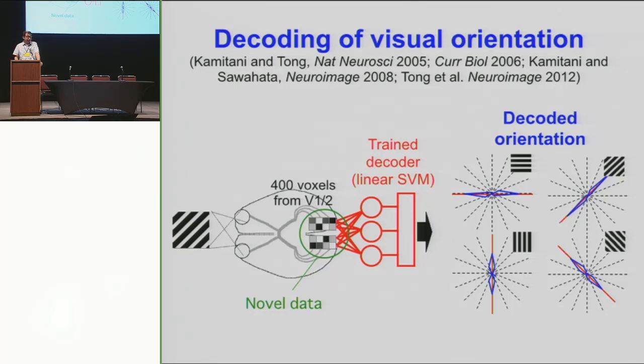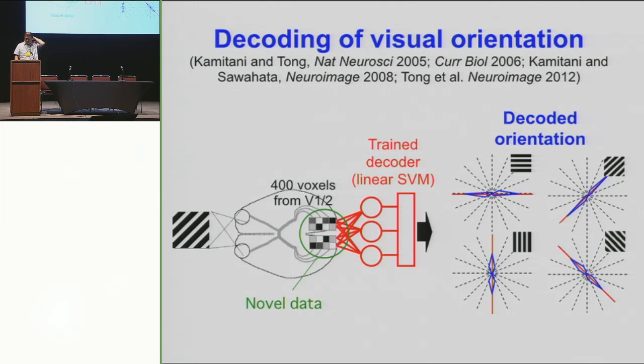On the right, the blue line shows the distribution of the decoder outputs. For instance, for the vertical grating, the distribution of decoder output is shown here. The red is the correct orientation. And as you can see, the decoding results are pretty accurate.